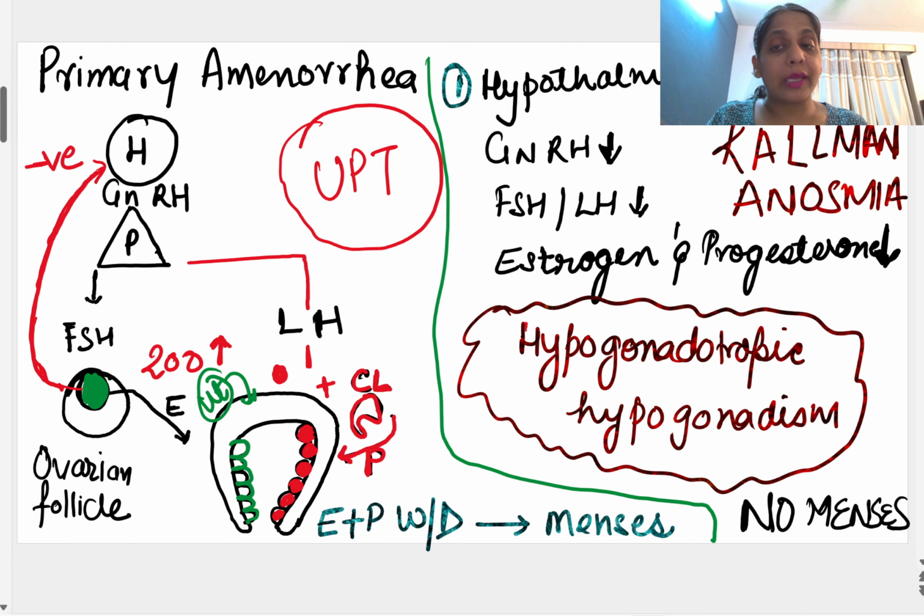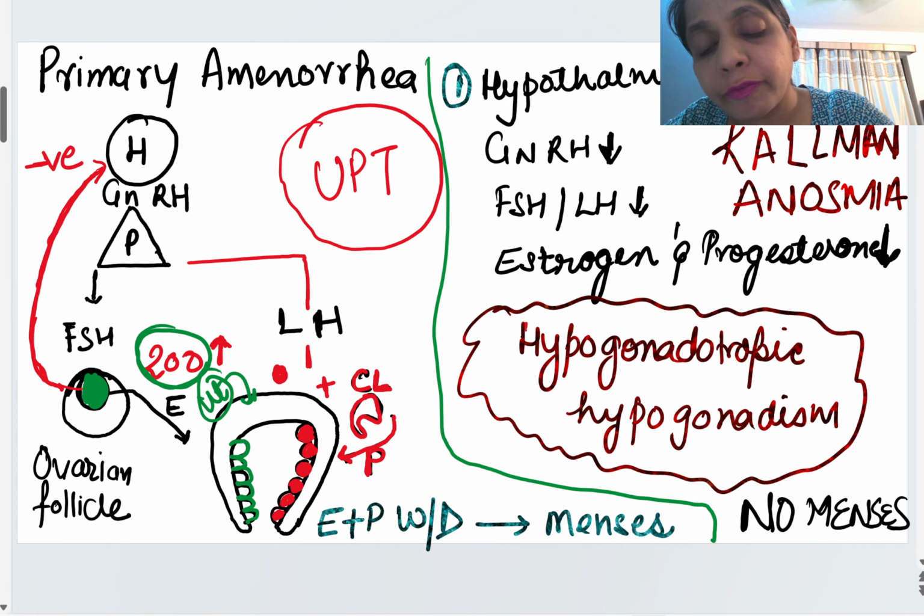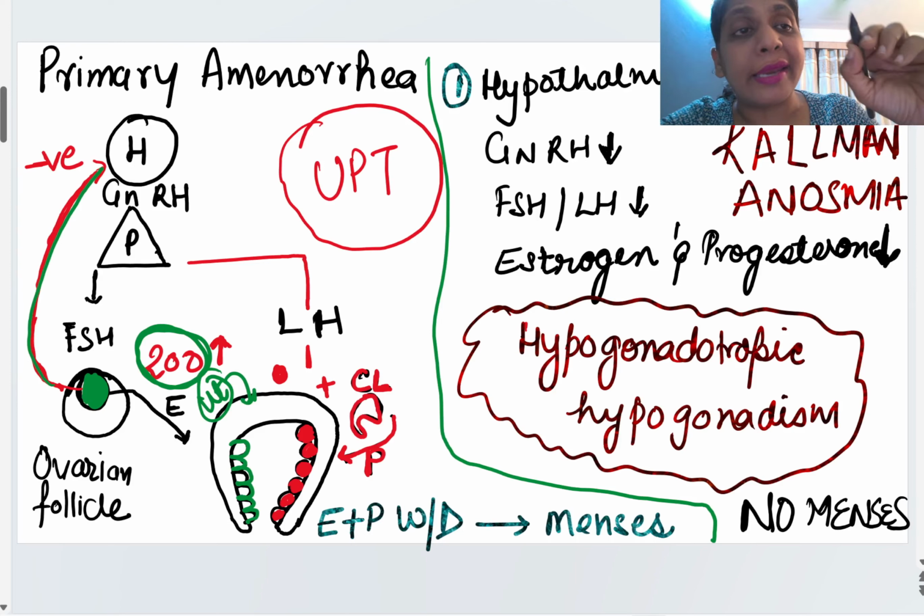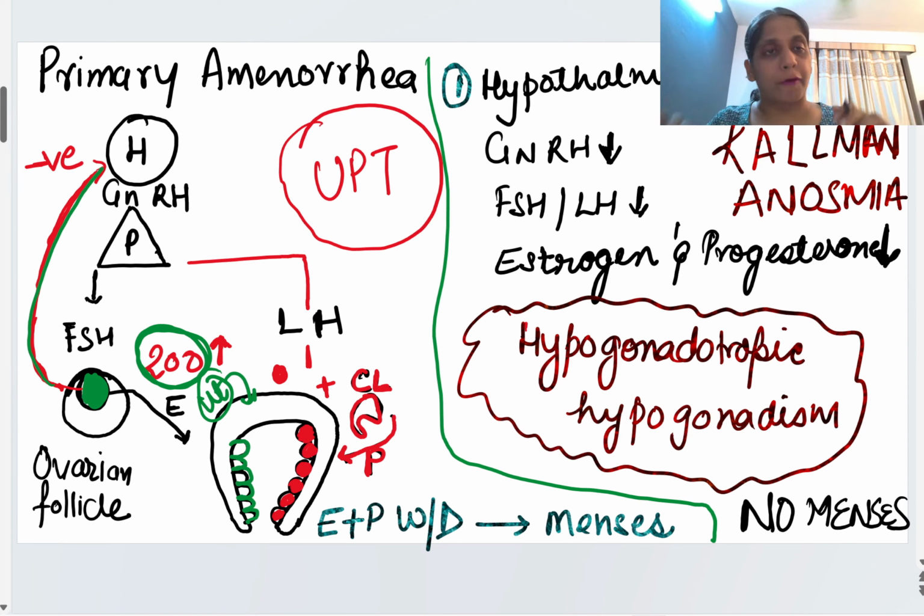Now when the level of estrogen is more than 200 picogram in the blood, then it gives negative feedback. Only when the estrogen level is more than 200 in the blood, the hypothalamus gets the negative feedback. Then the hypothalamus switches off.